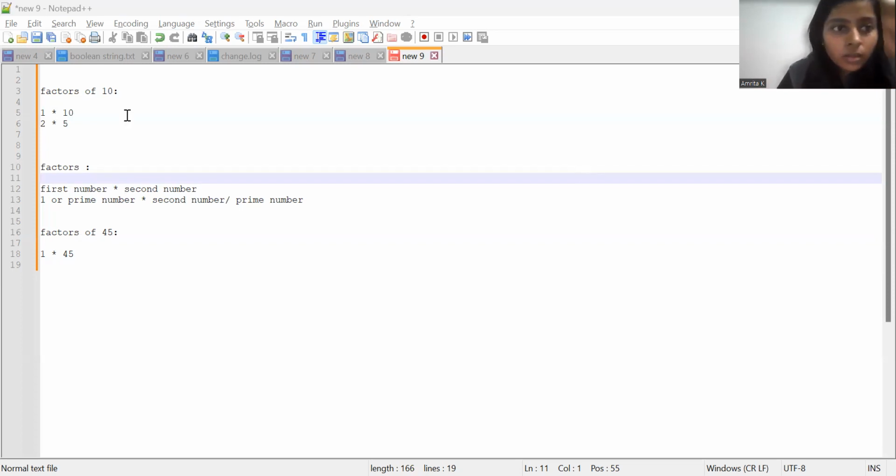Okay. So we were finding the factors of 45, right? So 45 is not completely divisible by 2. Then we will divide 45 by 3. 45 divided by 3. Yes, that completely divides 45, without leaving any remainder, and it does not have any decimal part, or it would have a decimal 0.